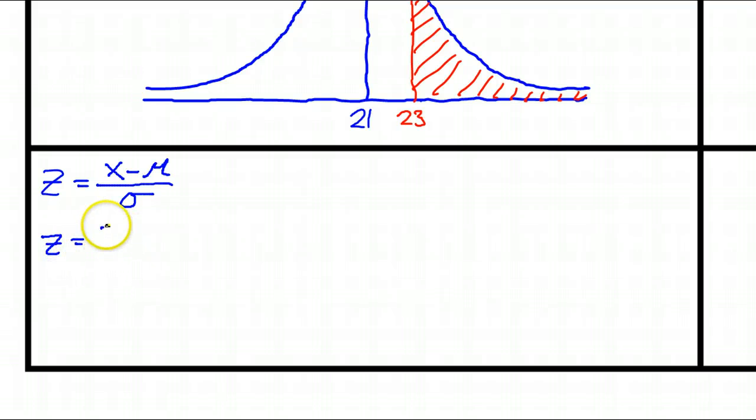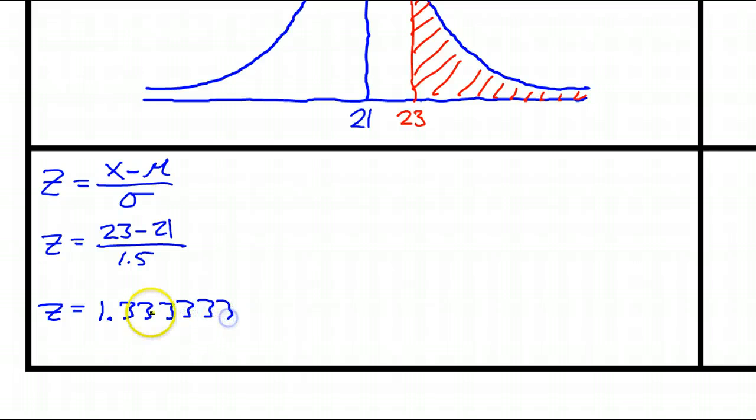The z-score this time should be 23 minus 21 divided by 1.5. That gives us a z-score of positive 1.333333.